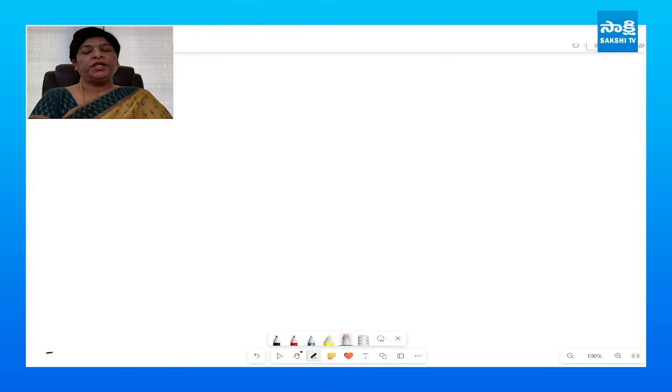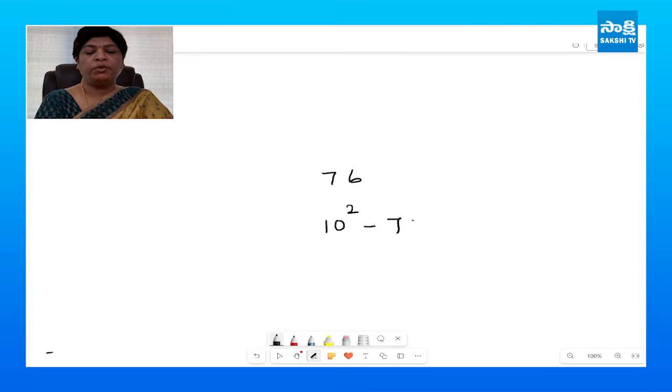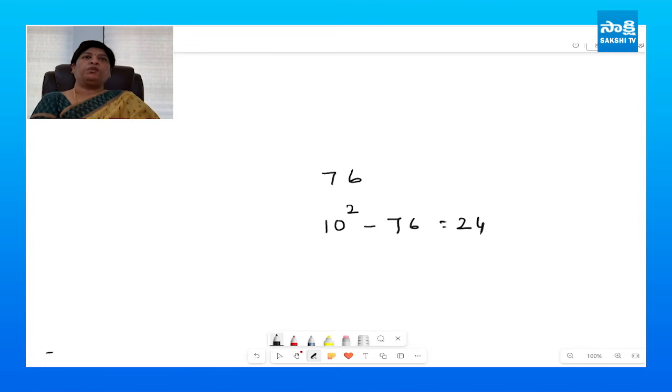Let's find the tens complement of 76. So 76 has 2 digits. Based on the formula, 10 to the power of 2 minus the actual number, which is 76, gives you 24.